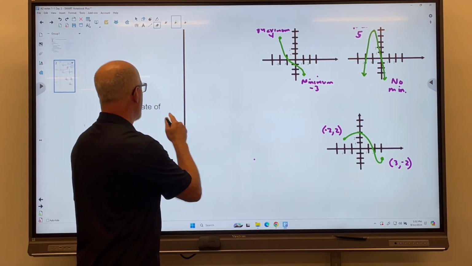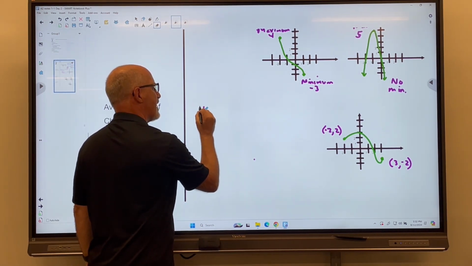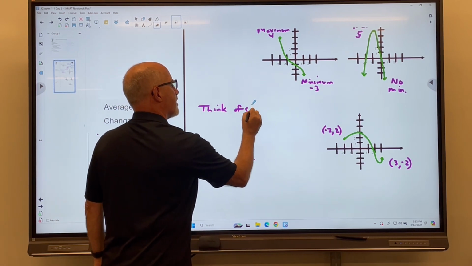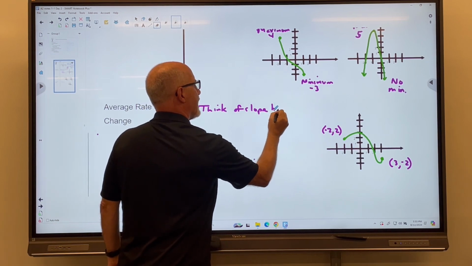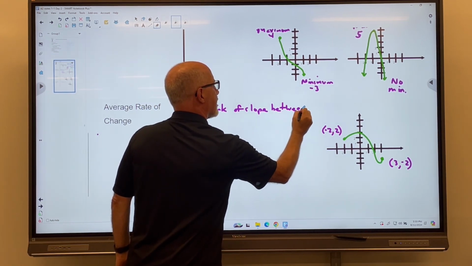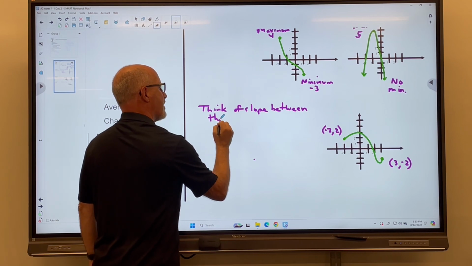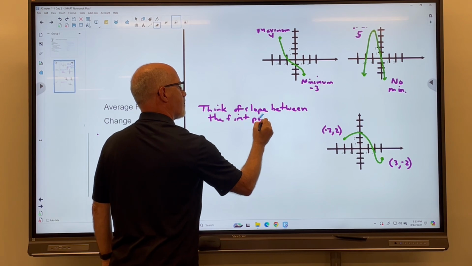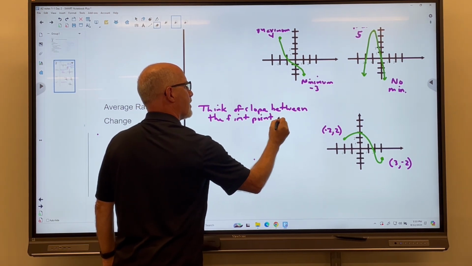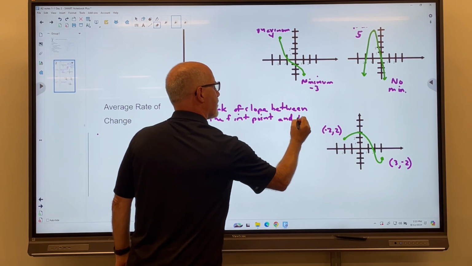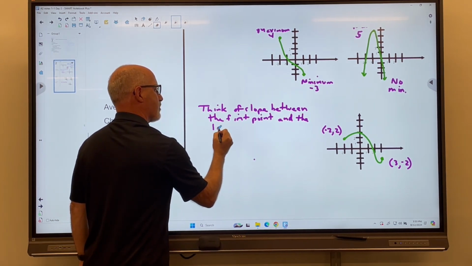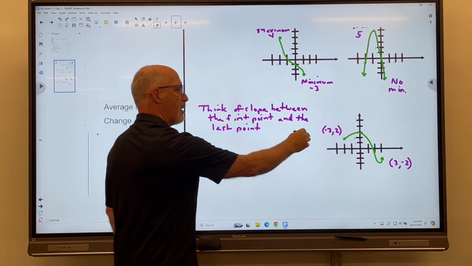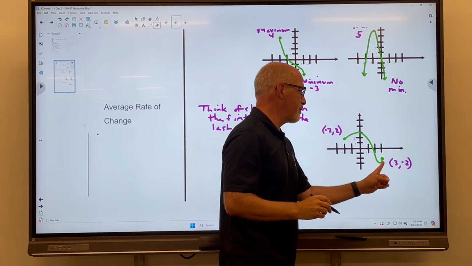So what you want to do with average rate of change is think of slope between the first point and the last point. It doesn't matter what's going on in between, you take the first point and the last point.